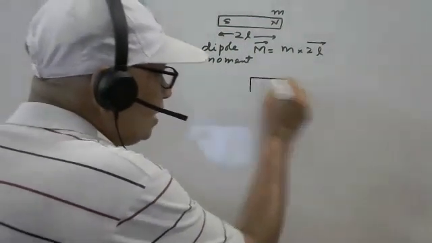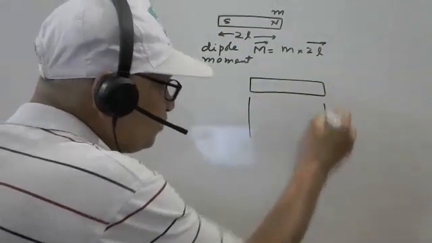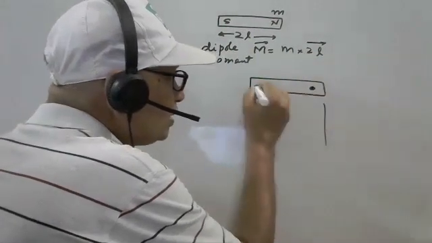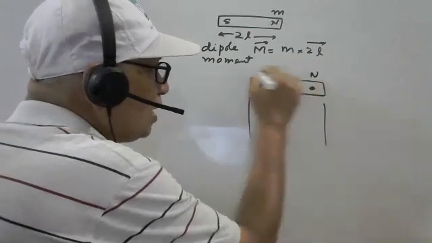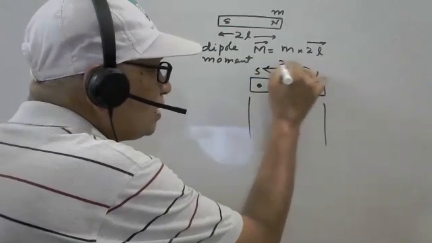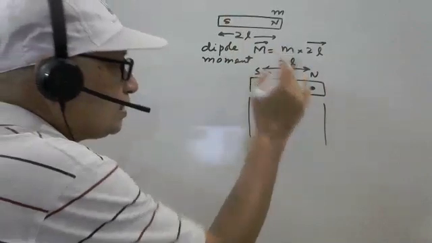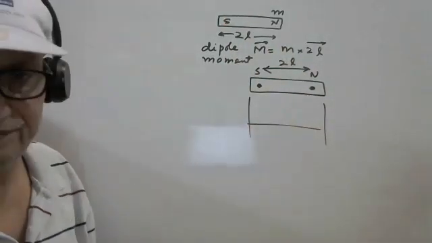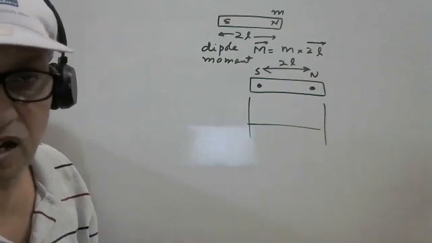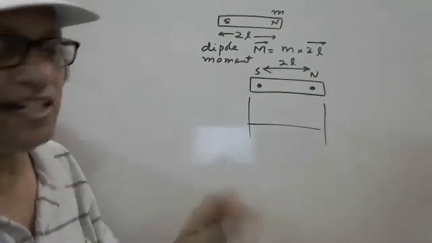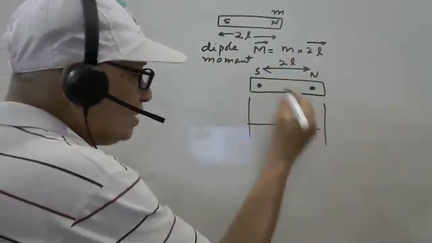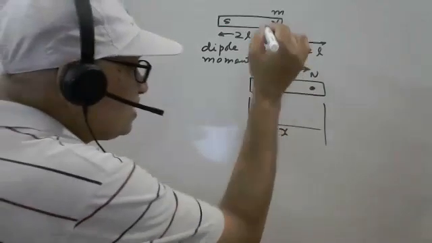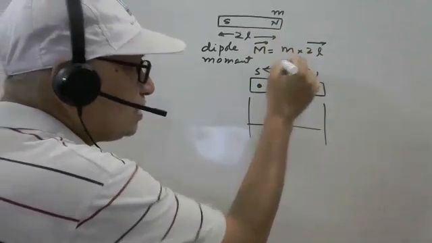Just like this magnet here, this is the physical length, and the poles are somewhere inside. So this is the north pole and south pole, and this one is called the magnetic length. Magnetic length is definitely a little less than the physical length. It is not always a constant quantity, but roughly, suppose the physical length is x, and the magnetic length is this.